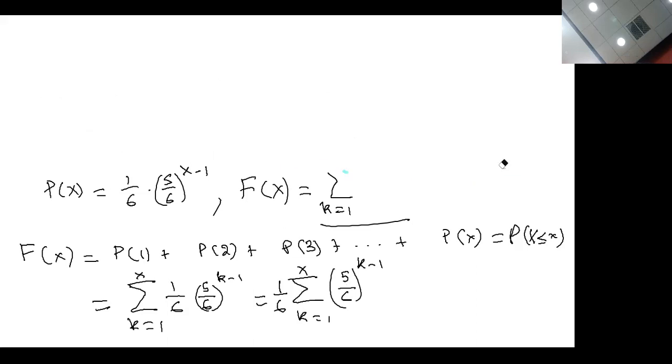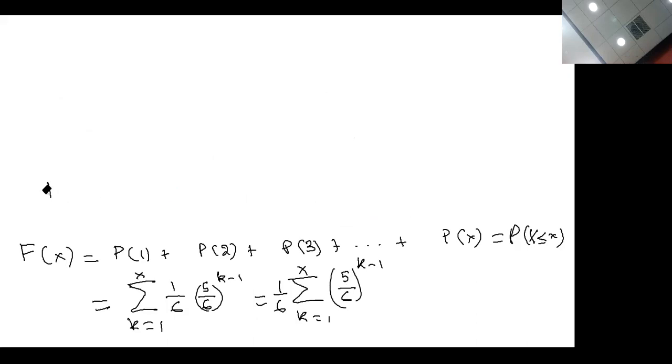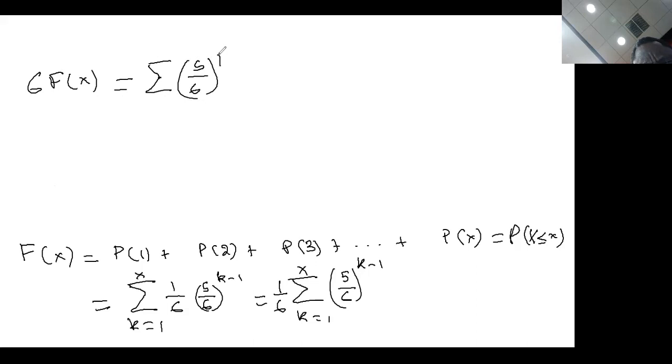So that will mean 6 times F of x is equal to the sum of 5 over 6 to the k minus 1, k equals 1 to x.